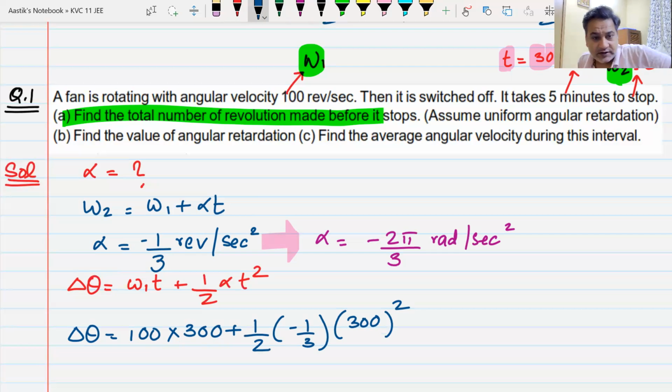You can calculate this. How much are you getting? The answer that I have is 15,000 revolutions. Is it correct? Yes or no?